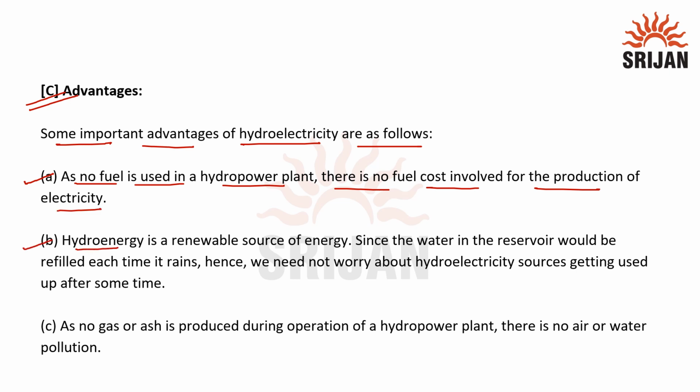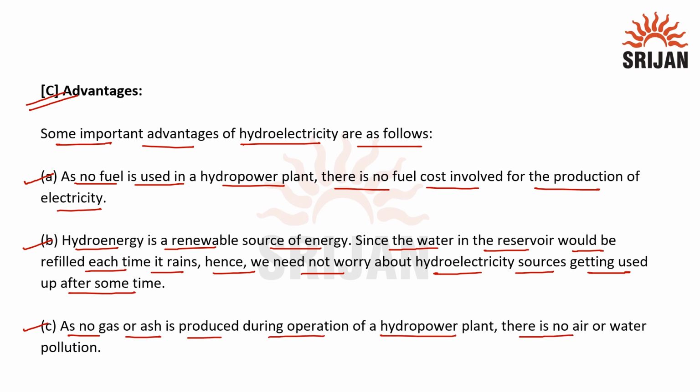B. Hydroenergy is a renewable source of energy since the water in the reservoir would be refilled each time it rains, hence we do not need to worry about hydroelectricity sources getting used up after some time. C. As no gas or ash is produced during operation of a hydropower plant, there is no air or water pollution.